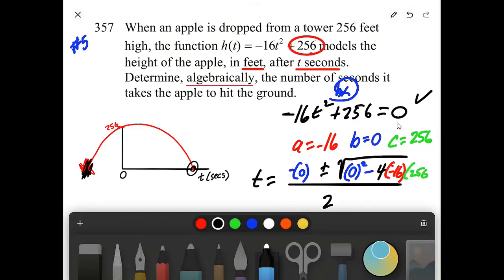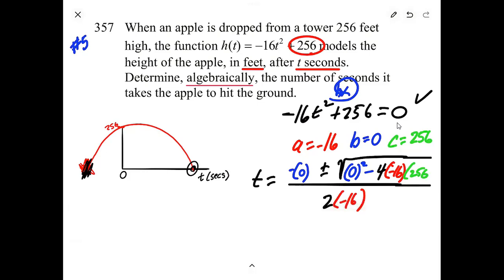All of this should be under the square root. And then down in the denominator, we're just going to have 2 times negative 16. Again, we're not going to actually use the formula. We're just going to solve.